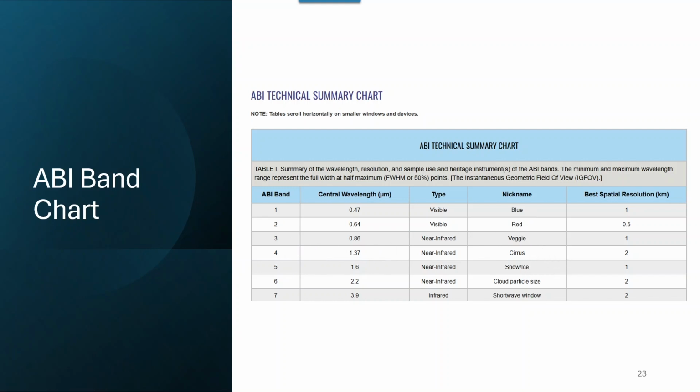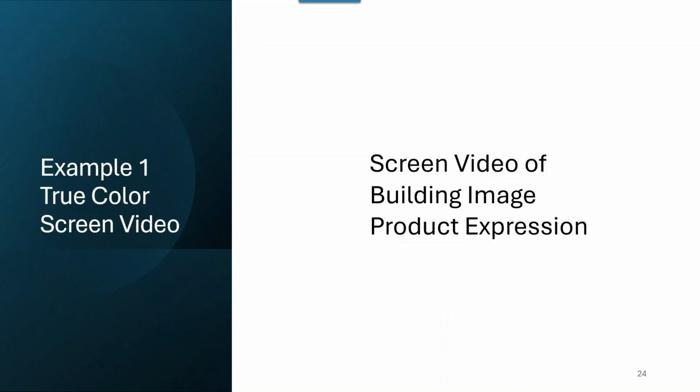As always, the links to all these different resources will be put in the video notes. I will also be putting the image expressions for each of the examples in the video description as well. So we're going to continue, and we're going to make an actual screen video of us working through the example.